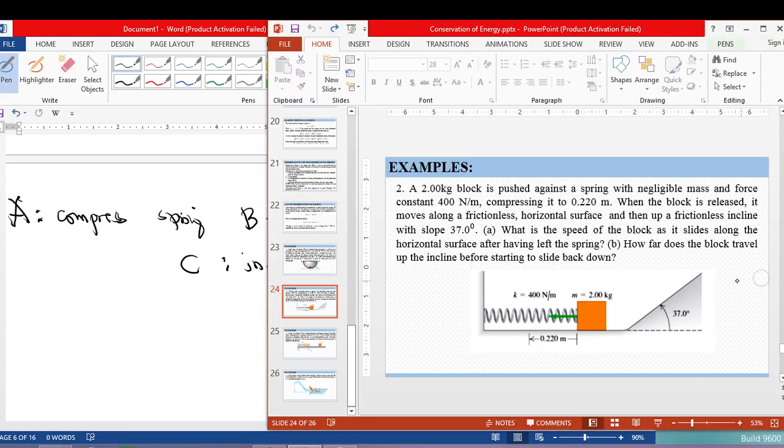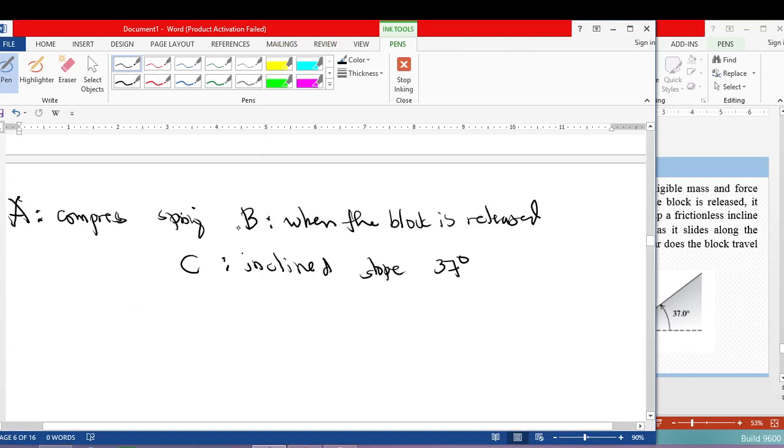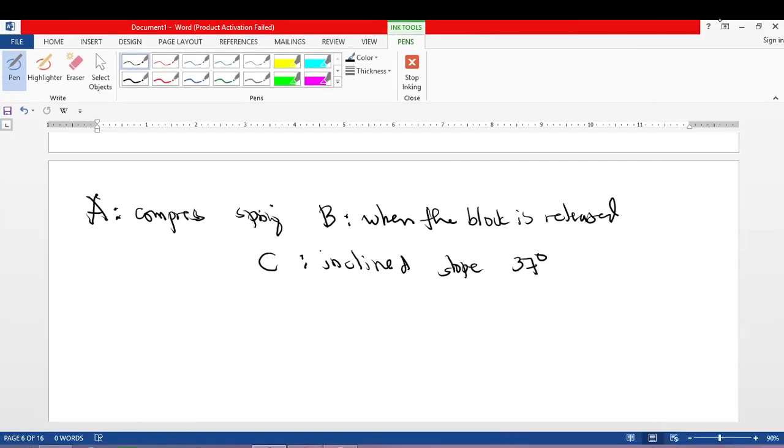So, we have to find the speed of the block as it slides along the horizontal surface after having left the spring. So meaning we have to find the speed at point B when the block is released na. Diba? So from point A to point B, we will use conservation of energy.